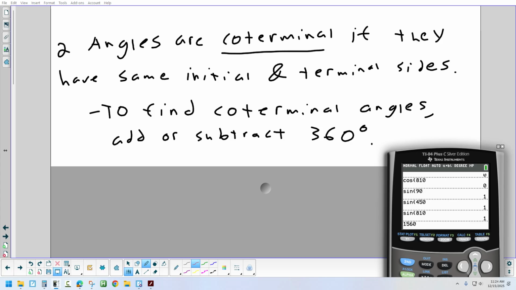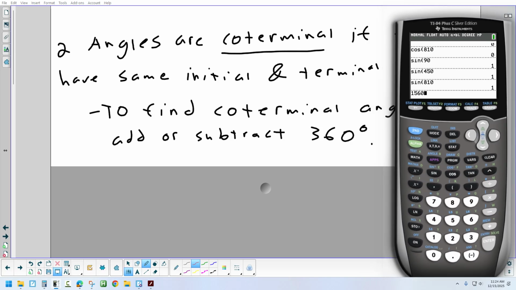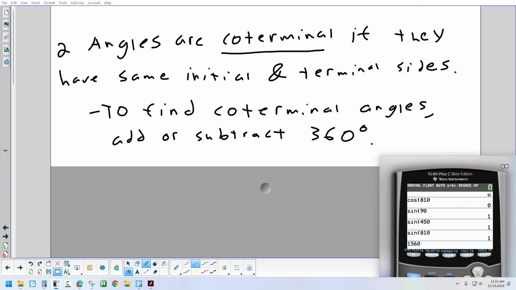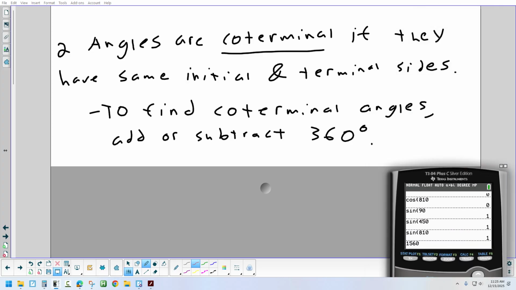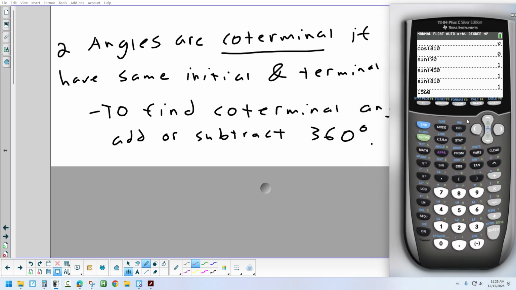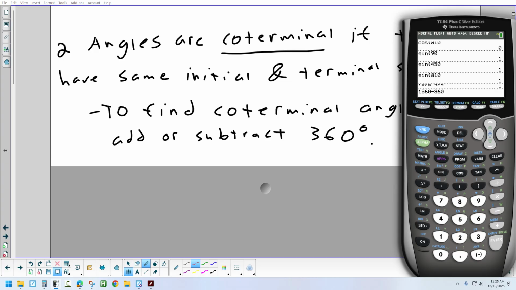Yeah, that's going to make it complicated to figure out where the initial and the terminal sides are, which we do need to figure out when we're going to work with this angle. So then, don't work with 1,560 degrees. Find an angle that's coterminal with it, which will give you the same answers, but it's smaller. So we can subtract 360 as many times as we want until we finally get an angle that's easier to think about in our head. 120 degrees. That I can visualize. A little bit bigger than 90.